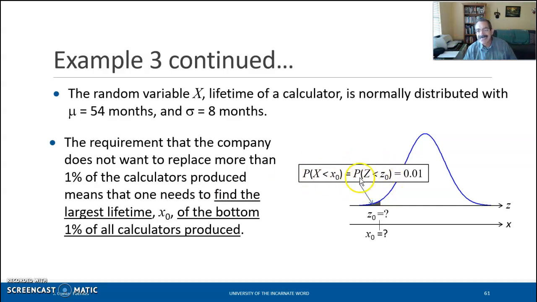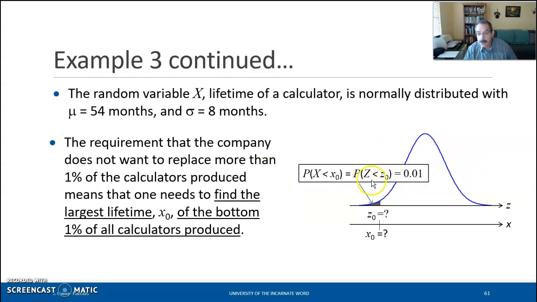So the probability they are giving us is the probability that the calculator will last less than some maximum lifetime, so that is only 1% of all calculators produced.